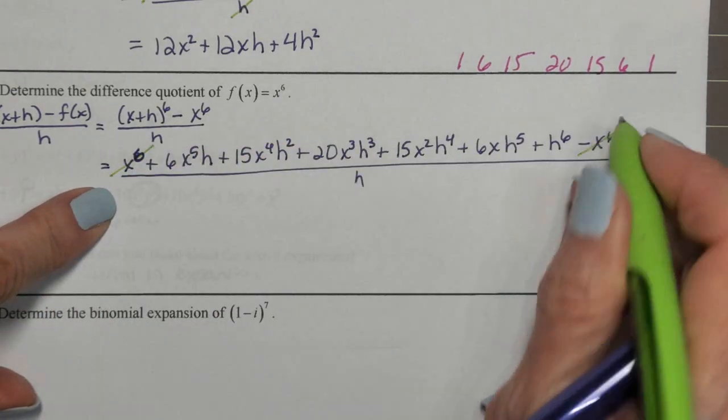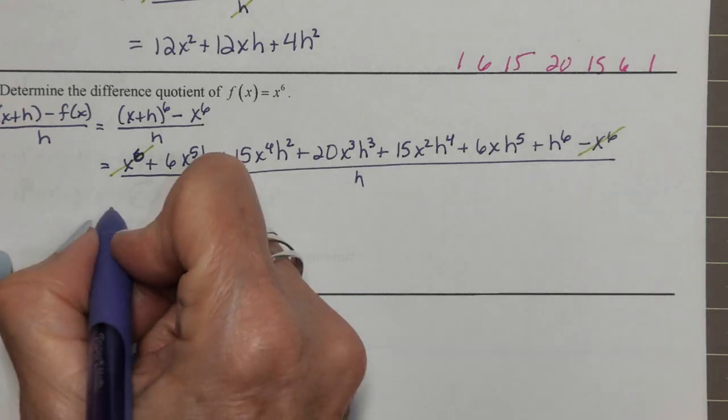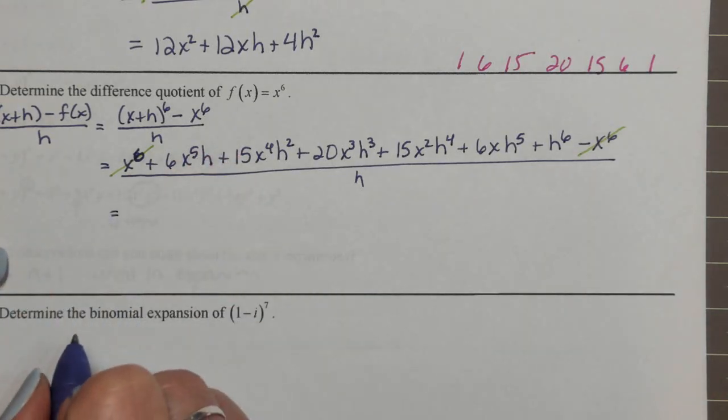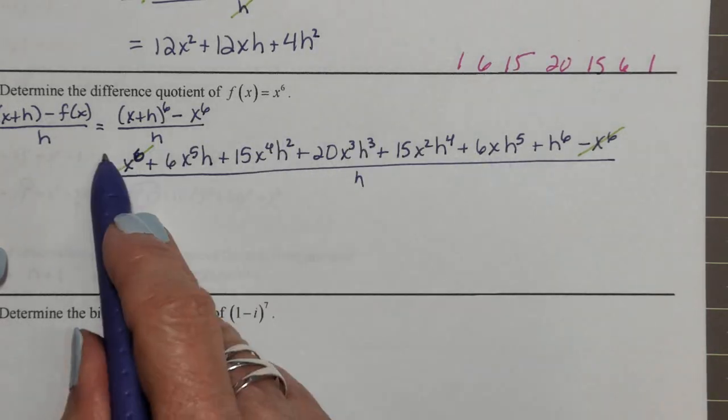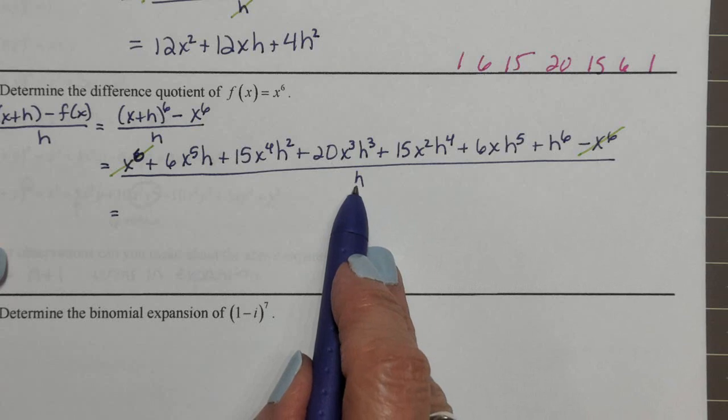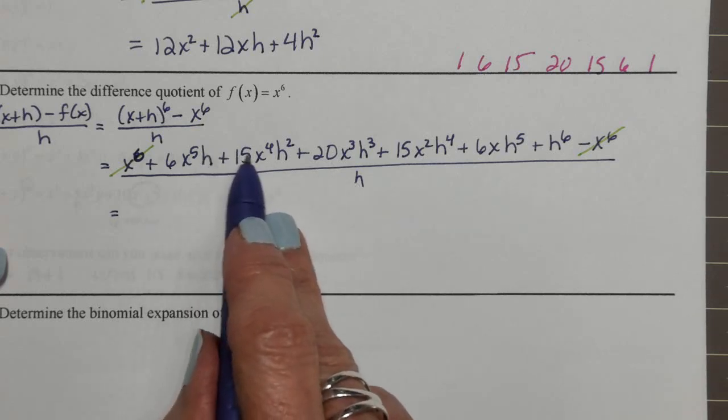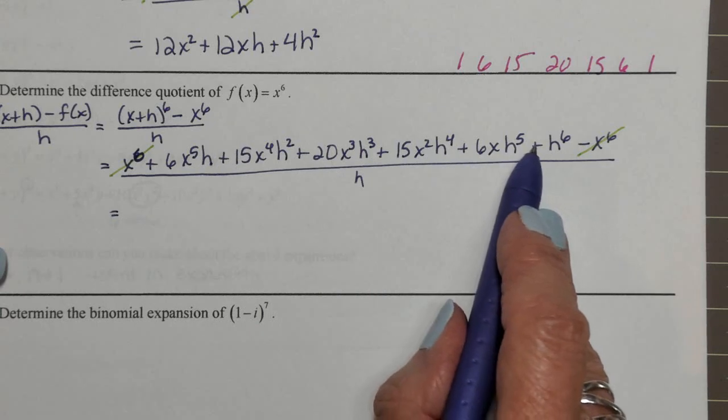And now our x to the 6th reduces out. Everything else has an h in it. So imagine factoring out an h and then canceling out with this h. What's it going to look like? Everything up here just loses an h.